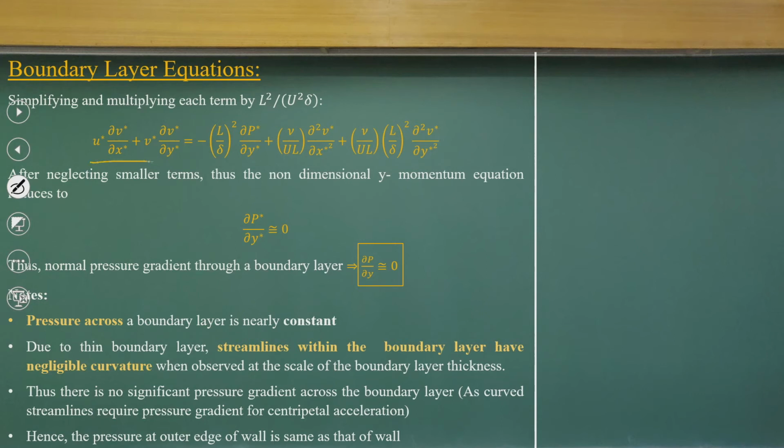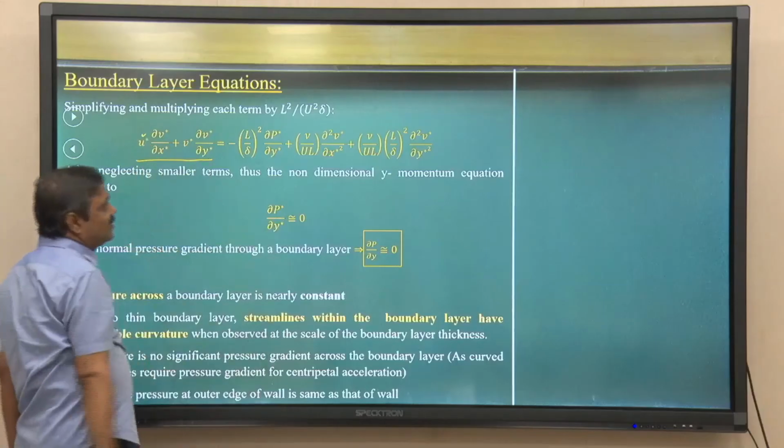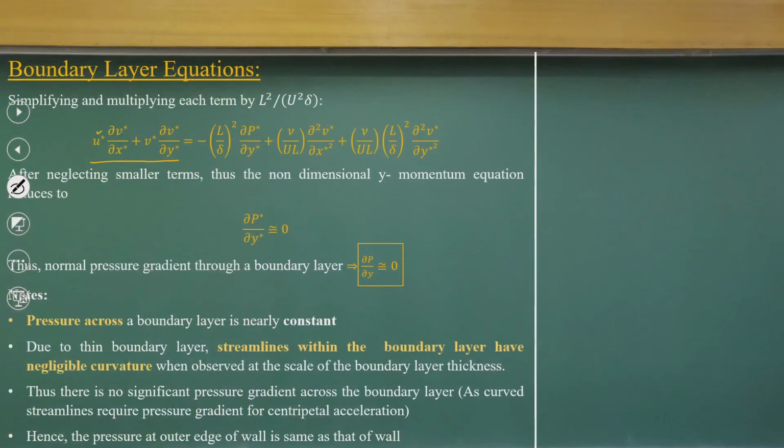You can see that the stars indicate the non-dimensional forms: the u star and the v star. You have components here, here, and here. Now, what we should do is inspect each term. These are all non-dimensional, order 1.